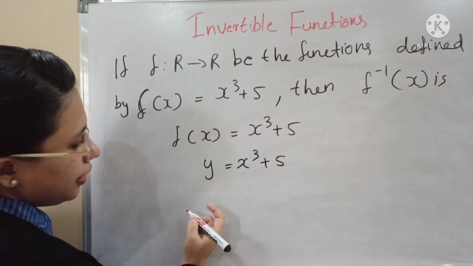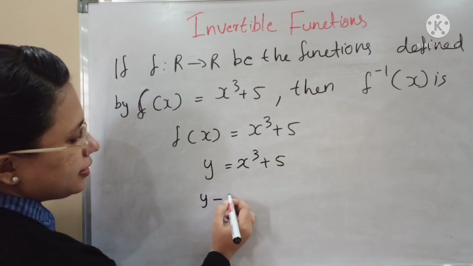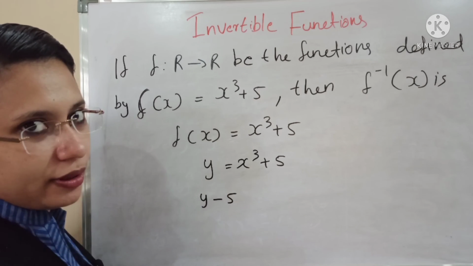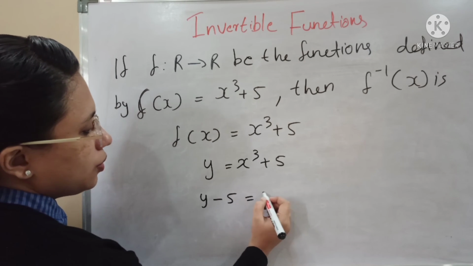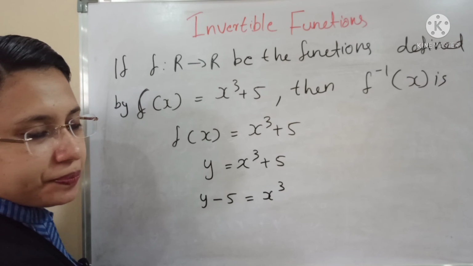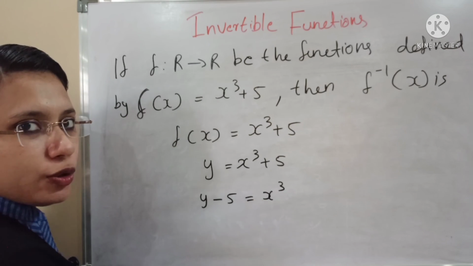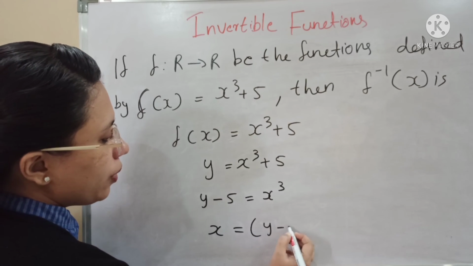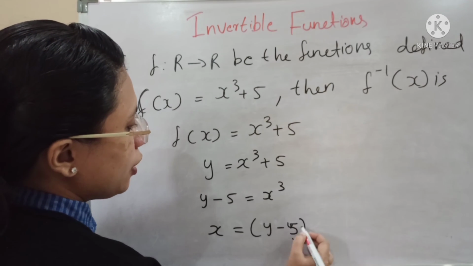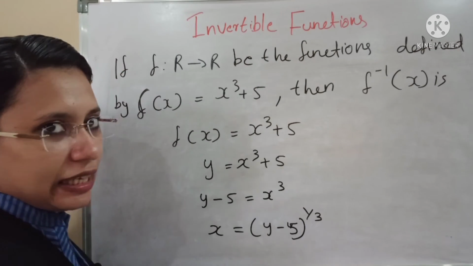Now y minus 5 equals x cube, you know how it comes, right? So to remove cube, what will happen? (y minus 5) the whole raised to 1 by 3.